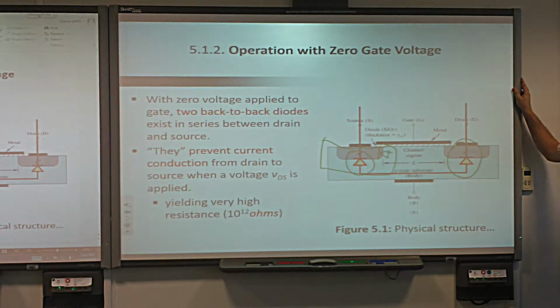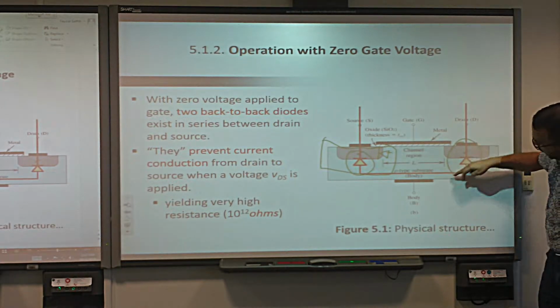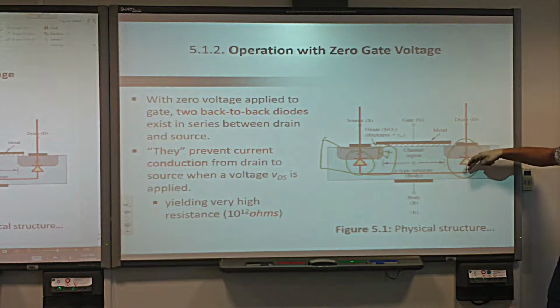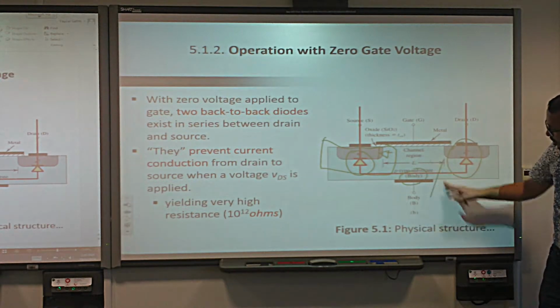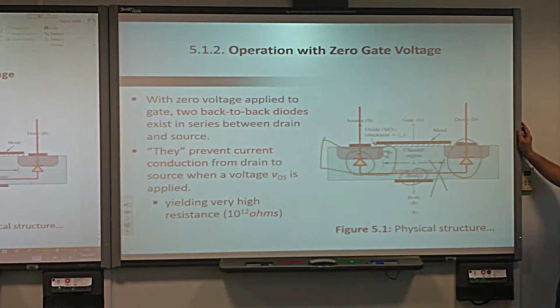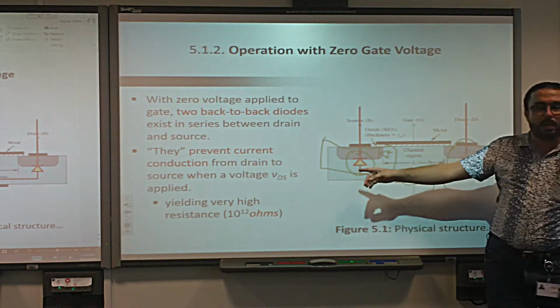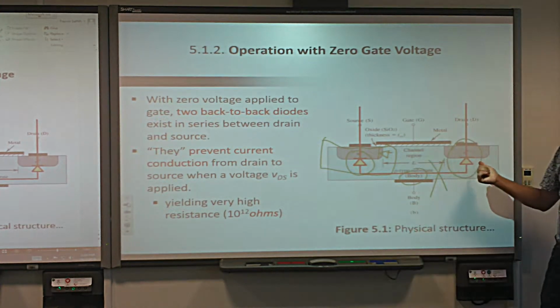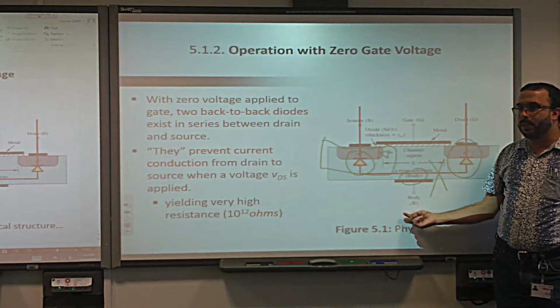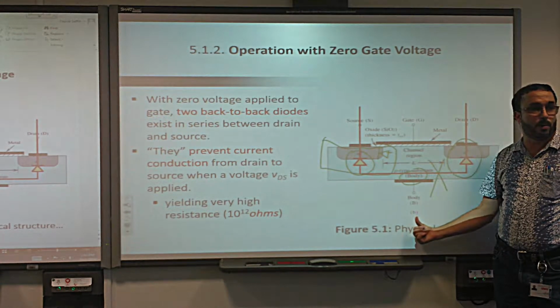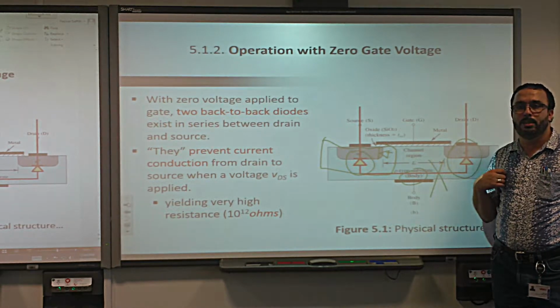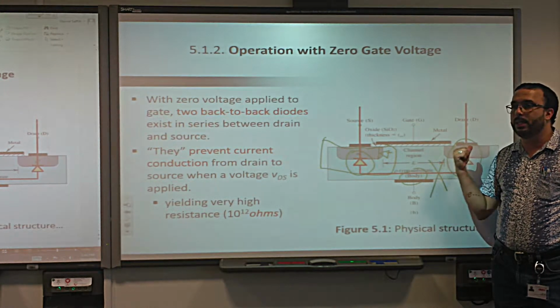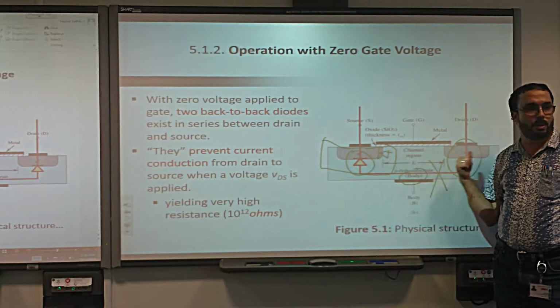So in this MOSFET, we want the current not to pass on this red line, meaning not to pass through the body. We don't want this. That means we need this diode and this diode always reverse biased. Because if they are not reverse biased, it means the body voltage is higher than these, then the current will go from the body to the terminals. Yes or no? But for the MOSFET, we want the current to pass through the terminals.